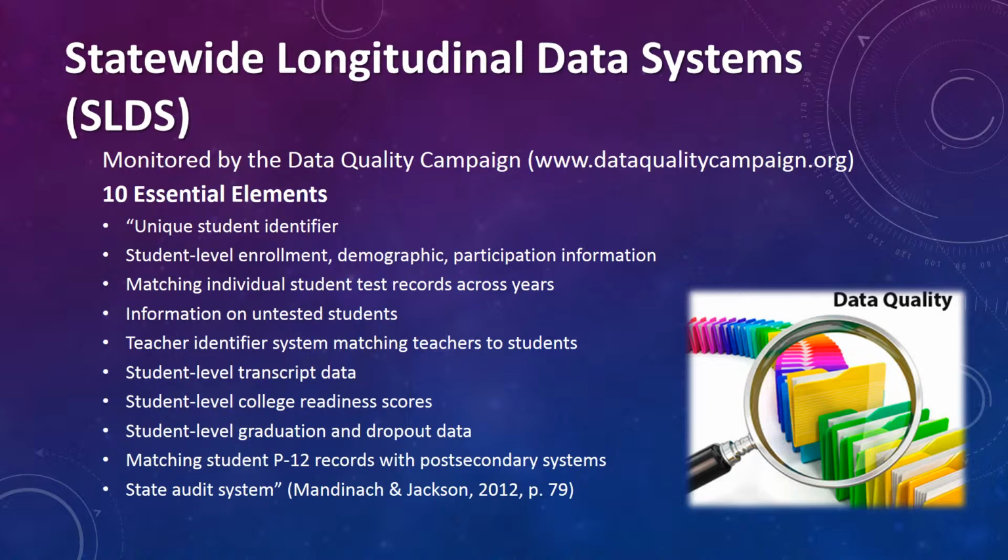They should have information on untested students. There should be a teacher identifier system matching teachers to students, student-level transcript data and student-level college readiness scores, student-level graduation and dropout data. They should also have matching student P through 12 records with post-secondary systems. Finally, they should include a state audit system.